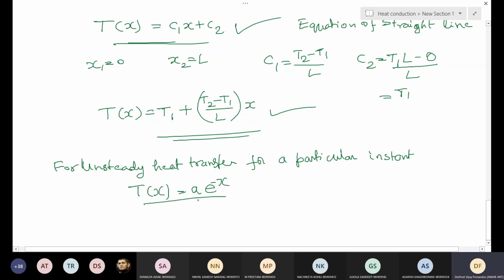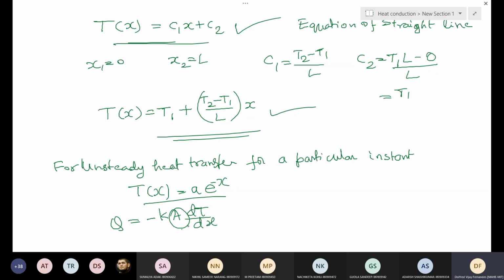If you are given this type of temperature profile, then you should be able to obtain the rate of heat transfer, because for the rate of heat transfer through the wall, what you need is dT by dx. If the area is not specified, then you can say the rate of heat transfer per unit area.